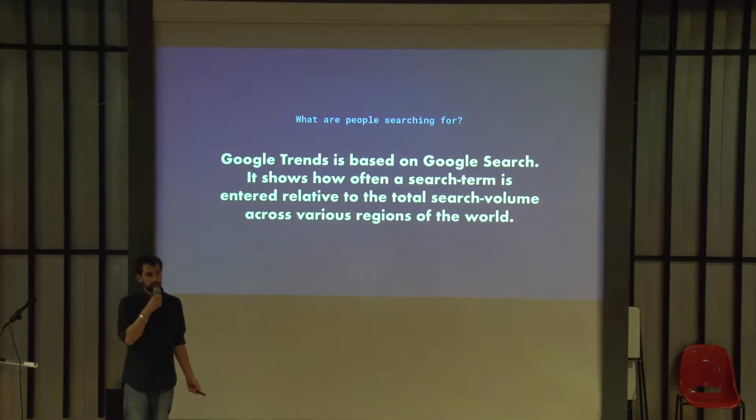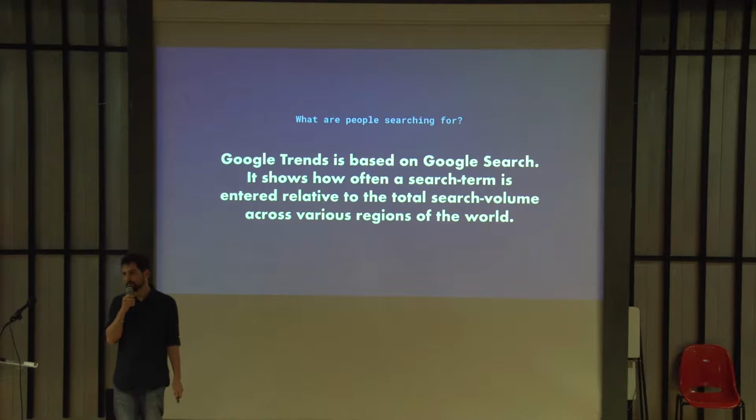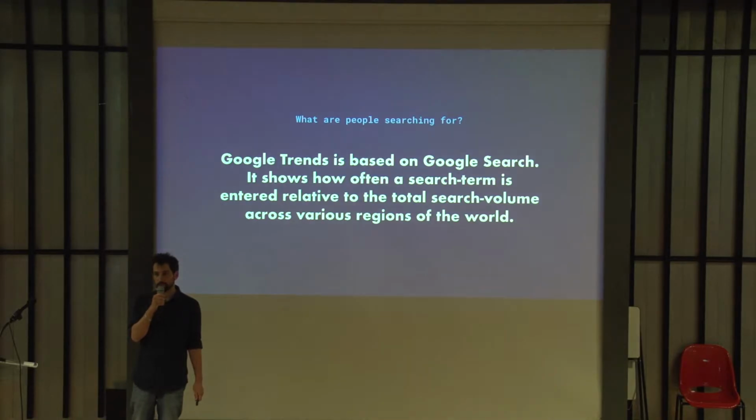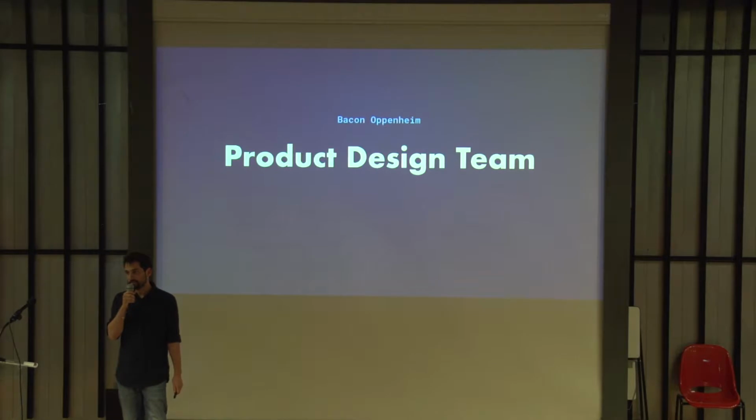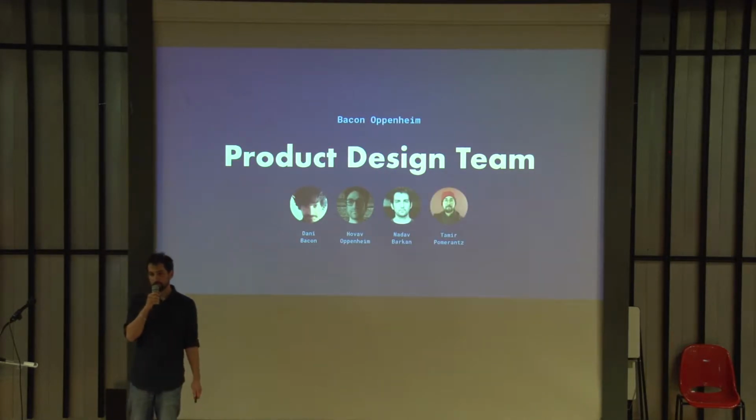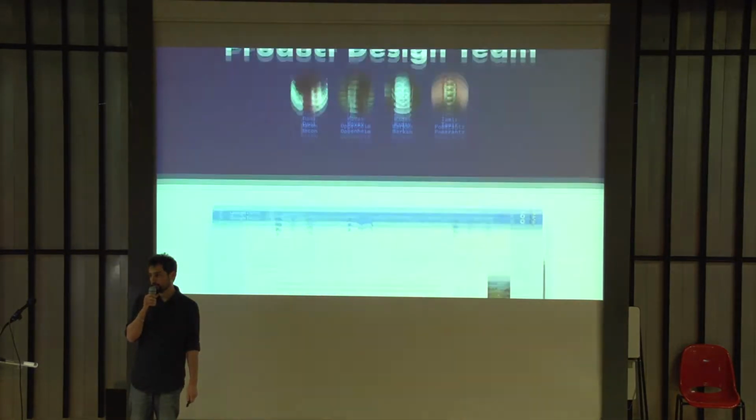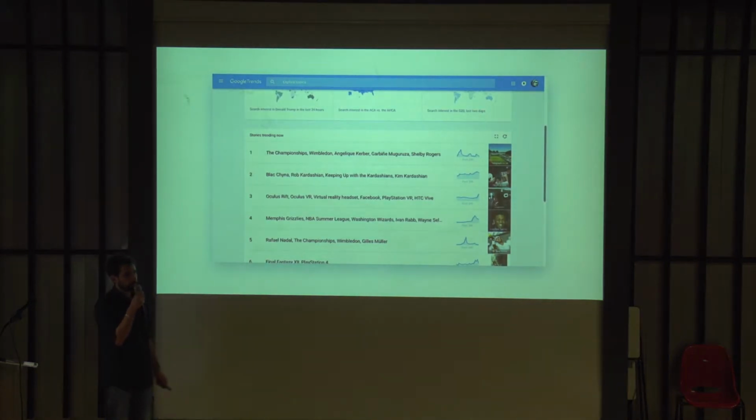What is Google Trends? If nobody knows, it is a platform of Google which helps us to see what people are interested in or what people are searching for. Our design team had the honor to redesign the whole platform of Trends.